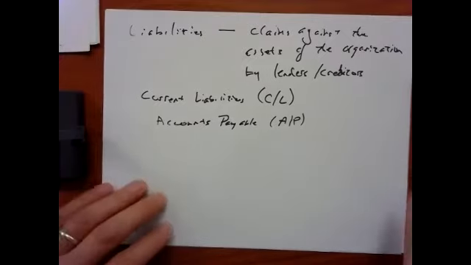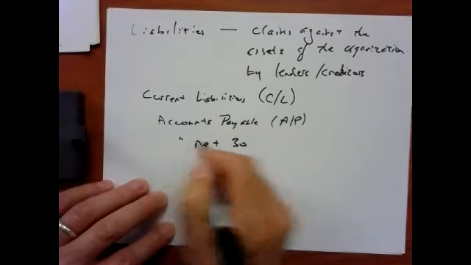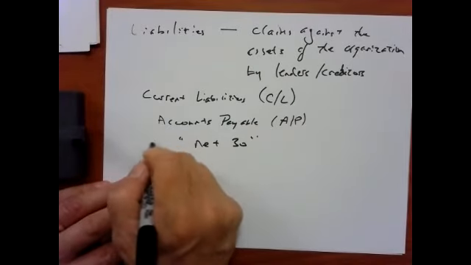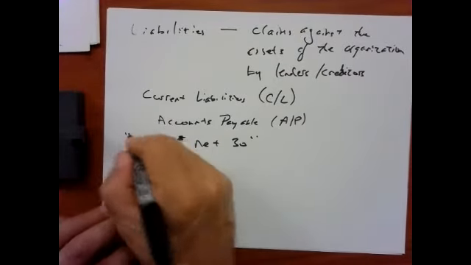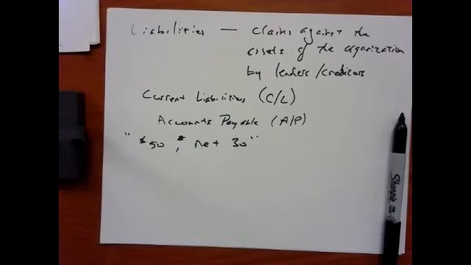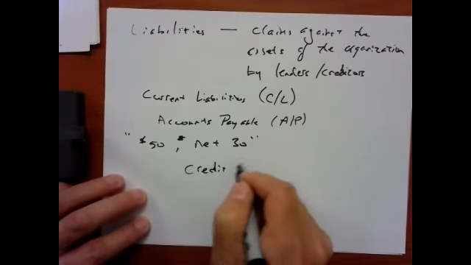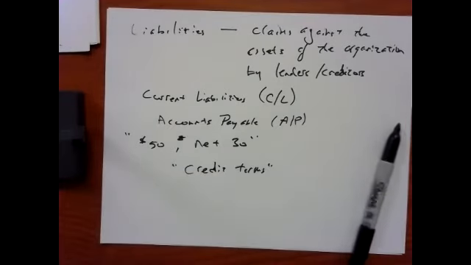net 30. So it's a common phrasing. Gauze pads are cheap, so say $50, net 30. These are the terms, credit terms, under which the supplier is giving you these assets.